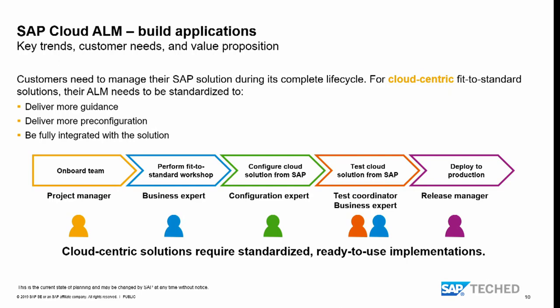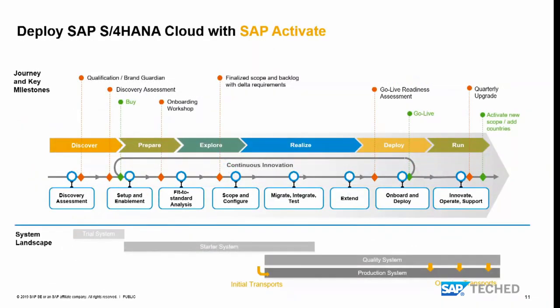Like I said, the methodology guidance for cloud implementations is given by SAP Activate. And we can take a look into one example, what SAP Activate foresees, for example, for an S/4HANA cloud implementation. So you see here the major activities, the major milestones that we recommend to conduct for a successful implementation.